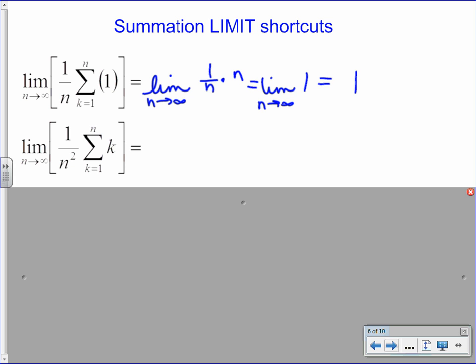Next shortcut. The limit as n approaches infinity of 1 over n squared times the sum from k equals 1 to n of k.